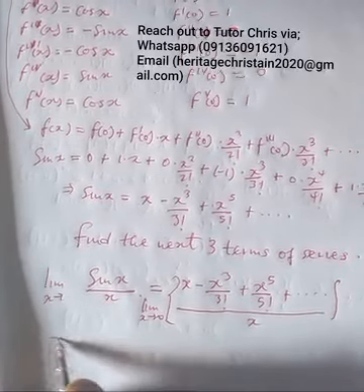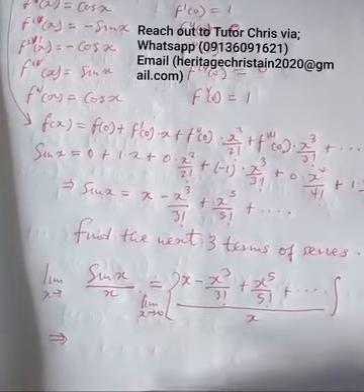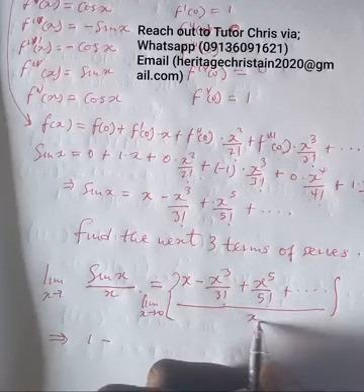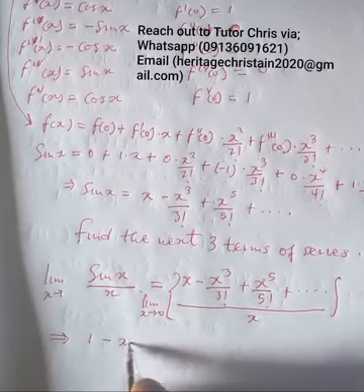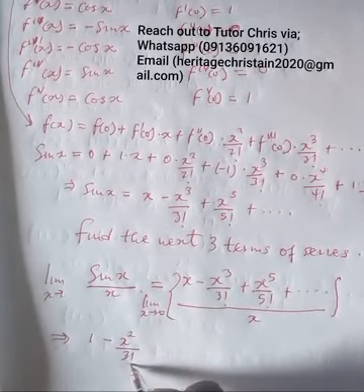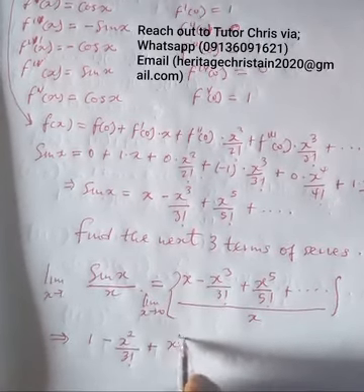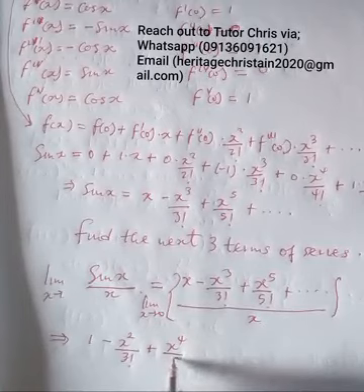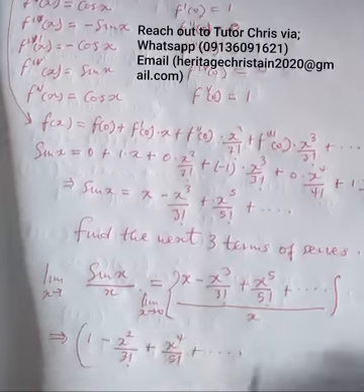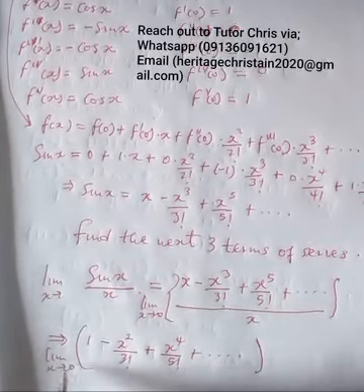Now let's continue. That implies that we are going to have x divided by x, that's 1, minus x to the power of 3 over 3 factorial divided by x is going to be x to the power of 2 over 3 factorial, plus x to the power of 4 over 5 factorial plus dot dot dot. But we are still going to find the limit of this as x approaches 0. Don't forget, as x approaches 0.